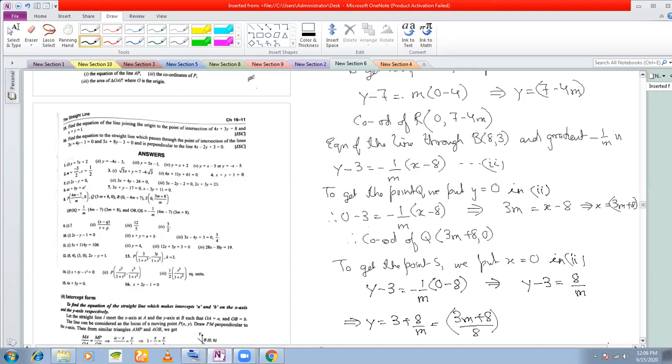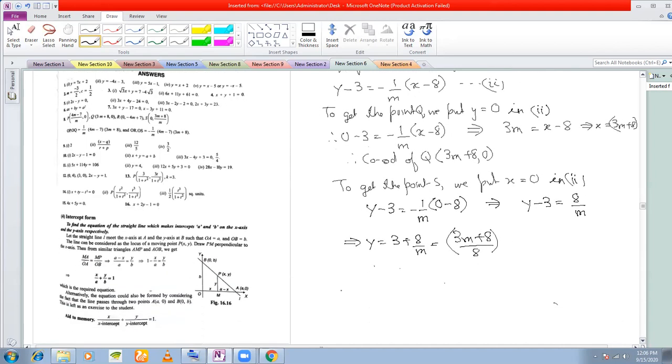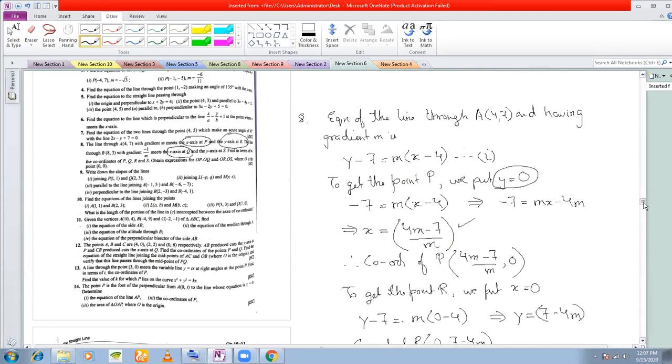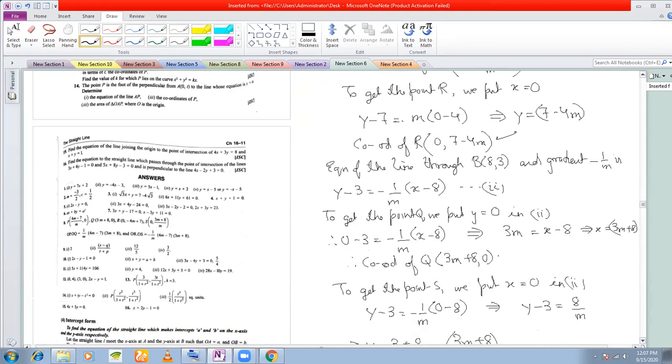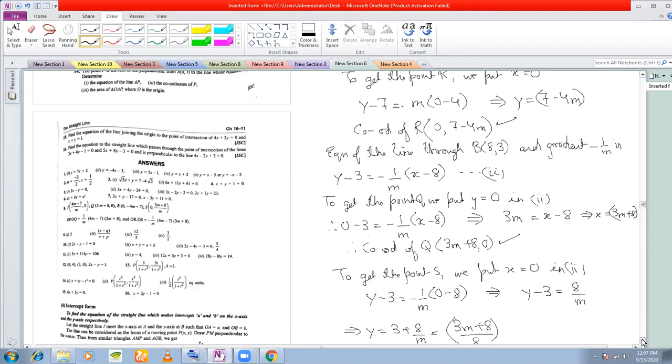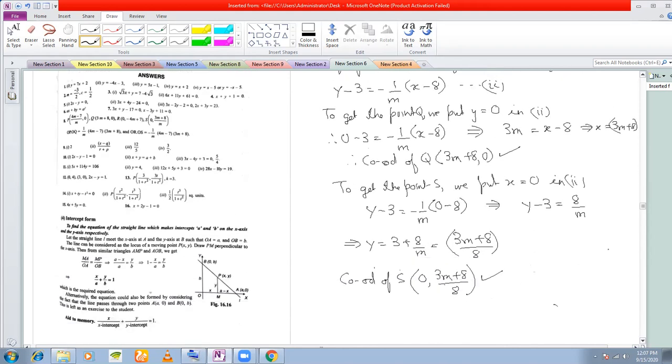So the coordinates of S are (0, (3m plus 8) by m). Now we have got the coordinates of P, R, Q and S.